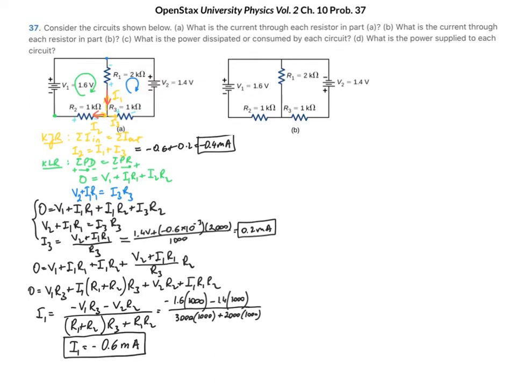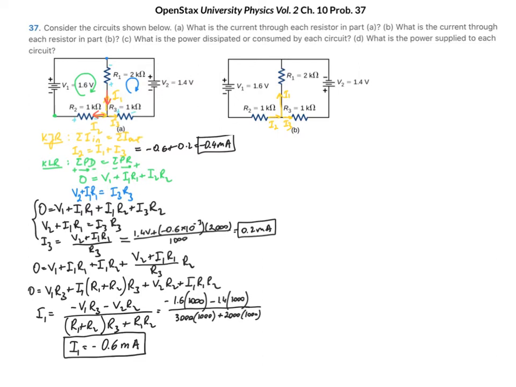We know the currents through the circuit on the left. Now we have to do the same thing for the circuit on the right. So again, I'll start out by picking currents, and I'm stubborn, so I'm going to still go with I1 going up. I'll go with I2 going in this direction and I3 going in this direction. So I picked the exact same direction of the currents.